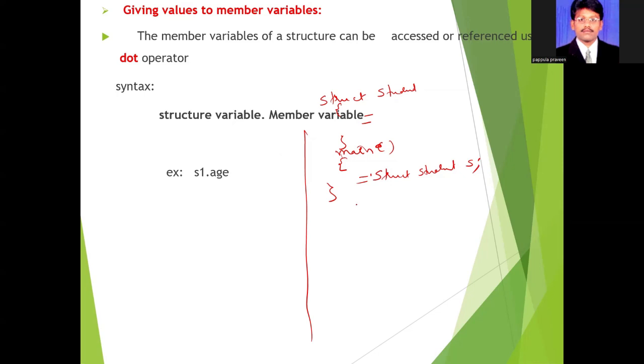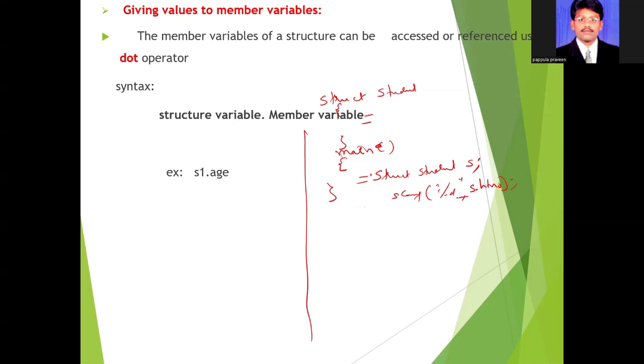If you need to read only one student, then we have to take only one object. Now, how can we read? You know the reading statement. scanf percentage d, s comma, s.rollnumber. You observe here, s comma.